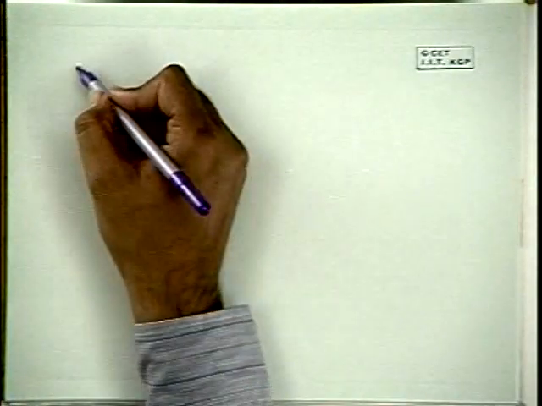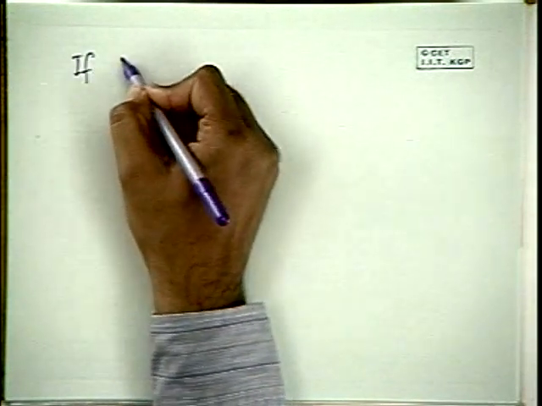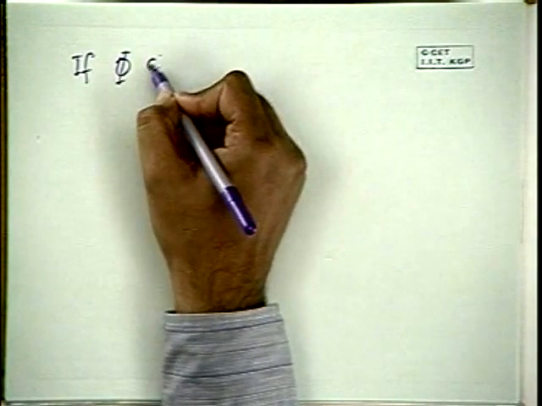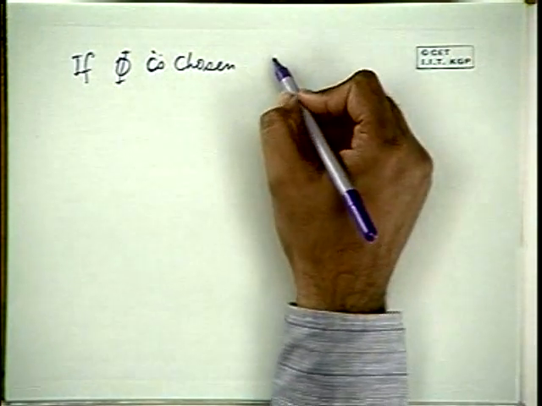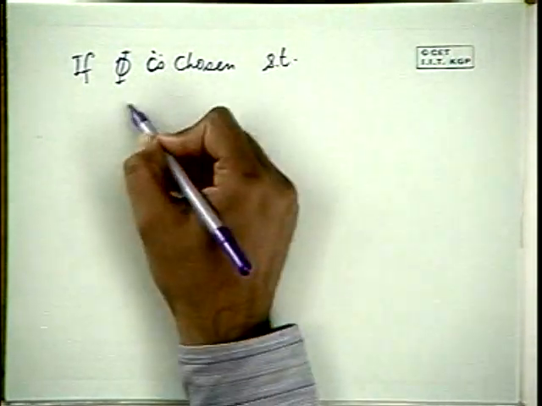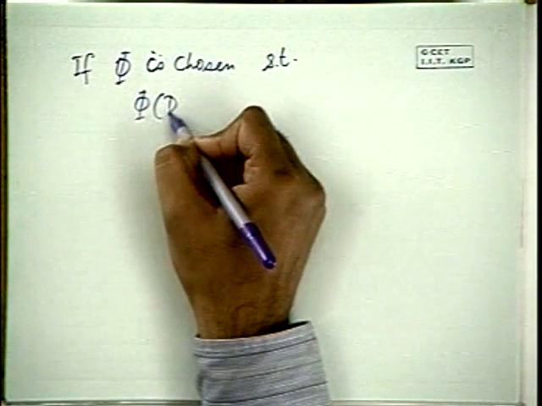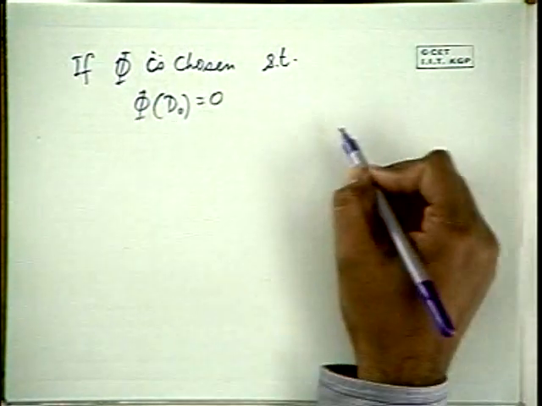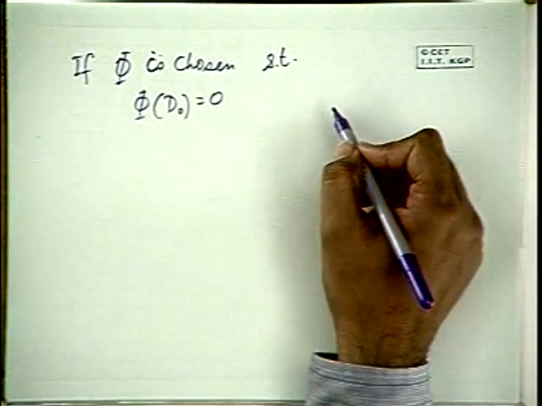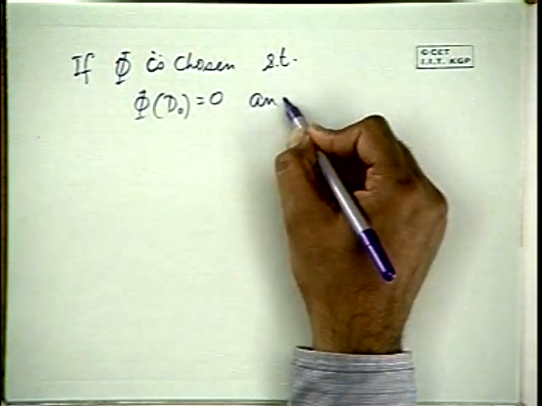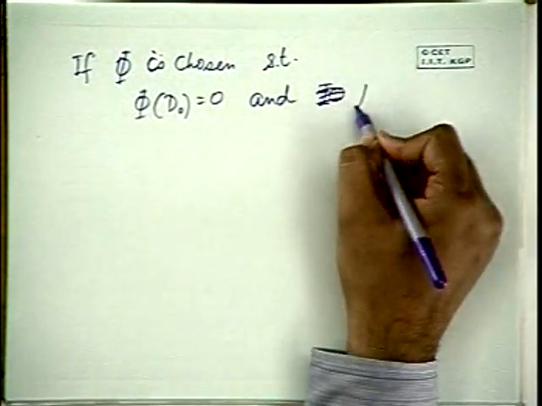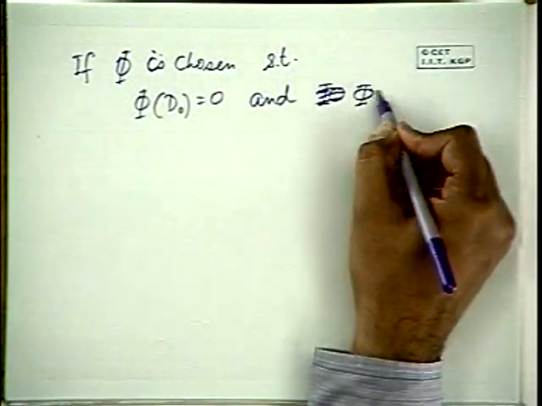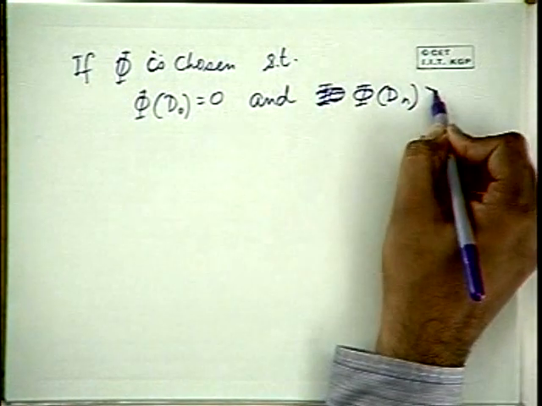Now suppose phi is chosen such that phi of D0 is 0, so initially the potential was 0, and phi of Dn is greater than or equal to 0.